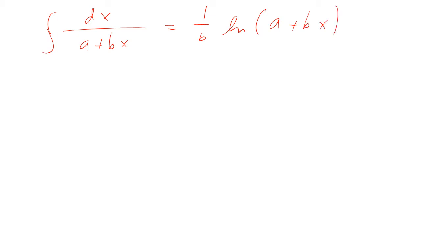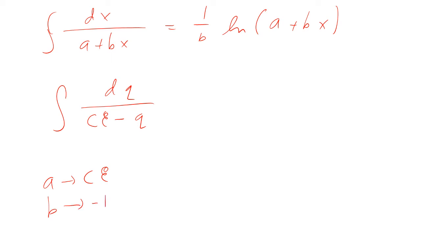So our integral here, the integral of dq over C times EMF minus Q, means the A is going to be C times EMF and the B is going to be minus 1. So that's going to be minus natural log of C times EMF minus Q, and we evaluate that at 0 and Q max.